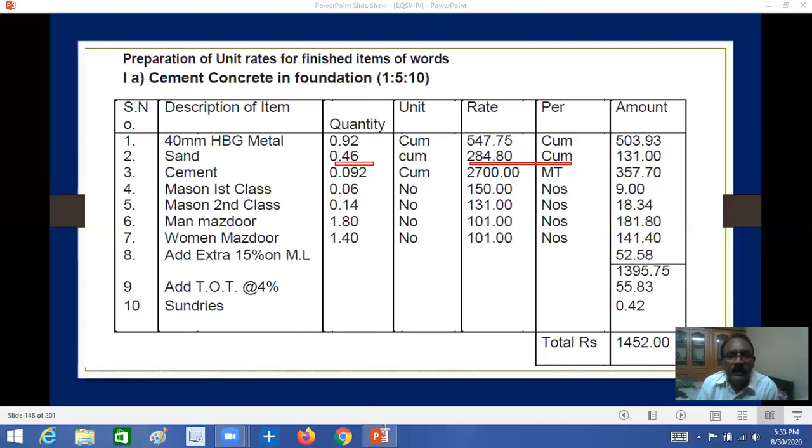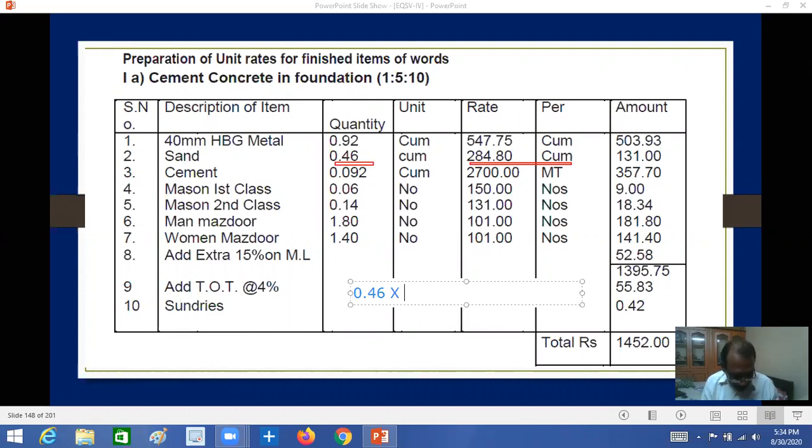If you have 0.46, where is the calculator? Okay, now if you take the calculator, you calculate: 0.46 multiplied by how much?